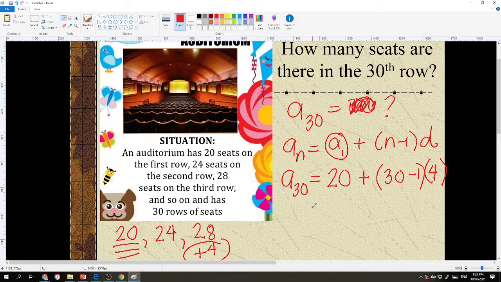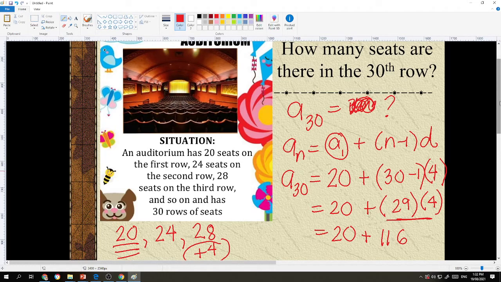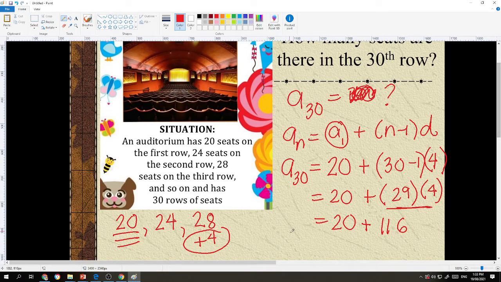Okay, let's continue. 20, what is 29, right? 30 minus 1, that's 29. What's 29 times 4? Again, how much? 116. 116 plus 20 is how much? 136 seats.